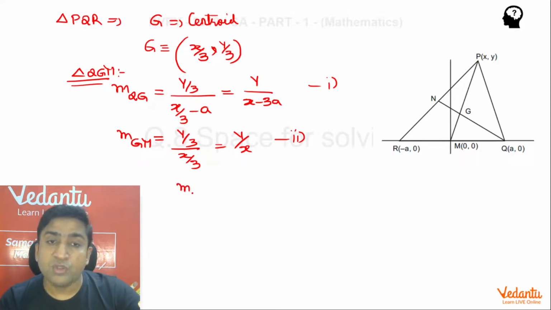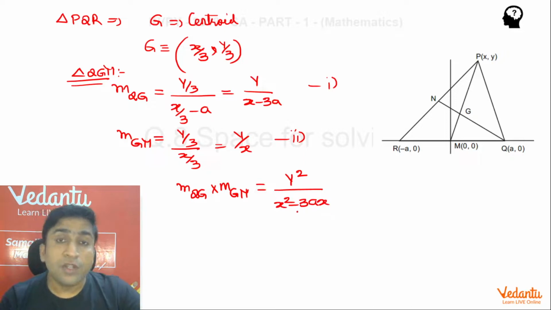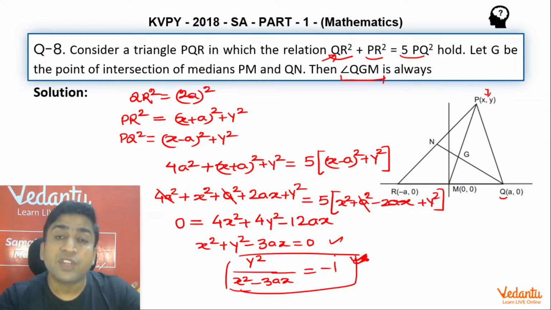I just want to check the product of the slopes of QG and GM. If I do that, can you all see the relation I will have is y square upon x square minus 3x. And if you remember, this is the relation that we got corresponding to the condition given in the question, which is giving me minus 1.